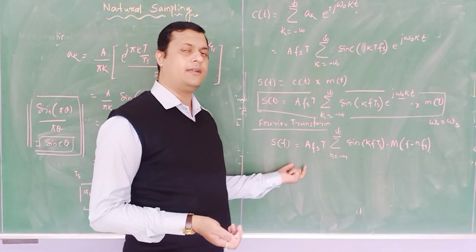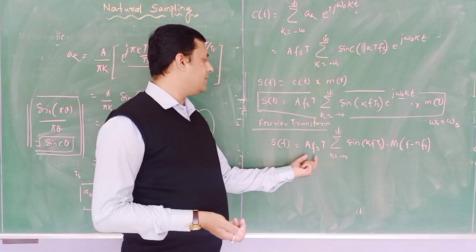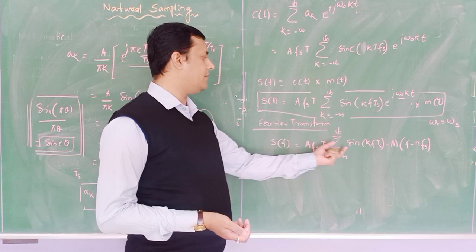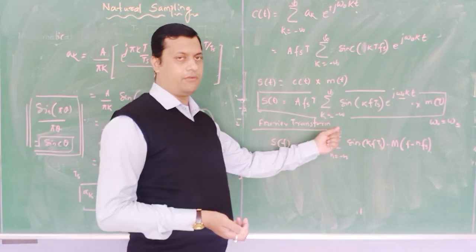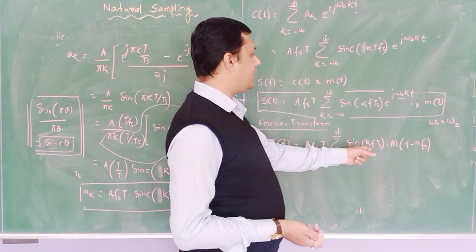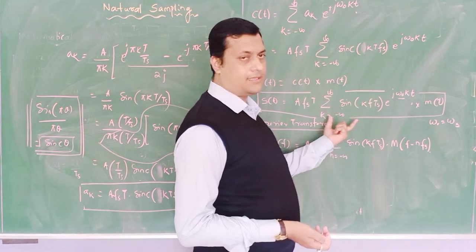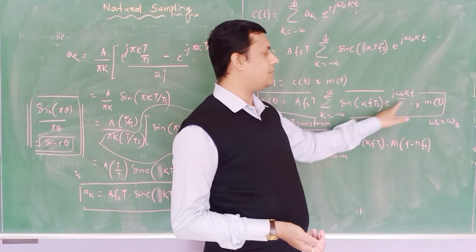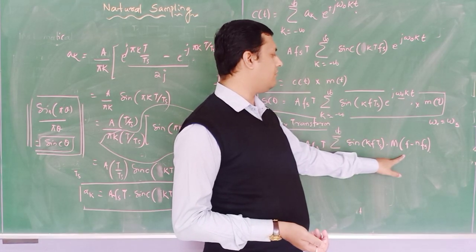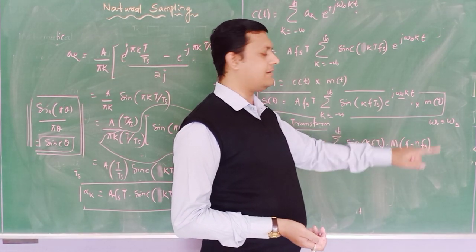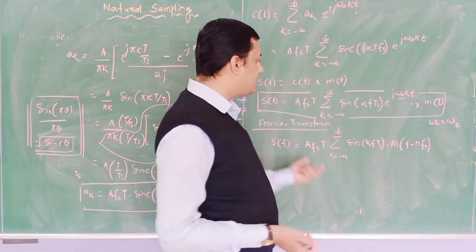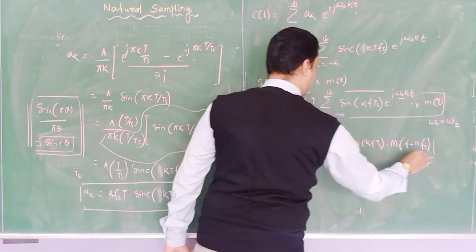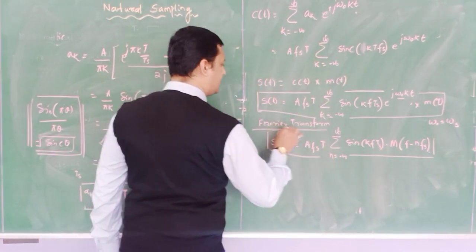If you are writing in terms of frequency f, you need to identify the constant factor. This is minus infinity to infinity, sinc of k f t, that is a constant function, and this is called the time shifting property. So the time shifting property of the convolution is m of f minus n fs. This is the resultant spectrum we will get after natural sampling.